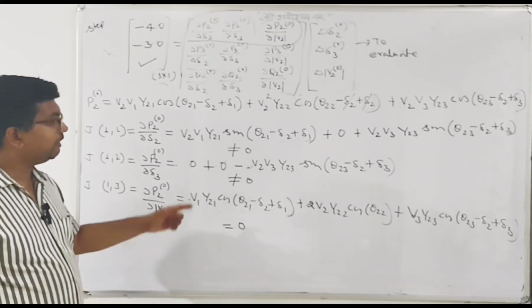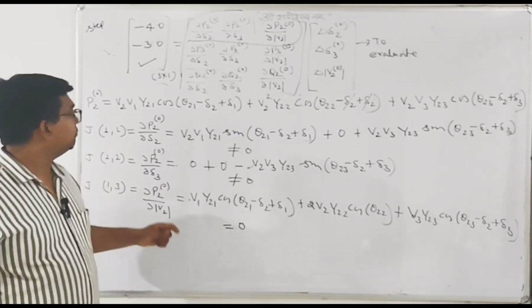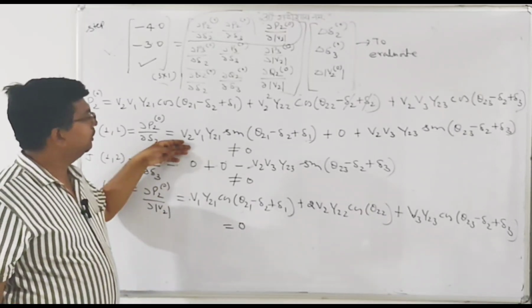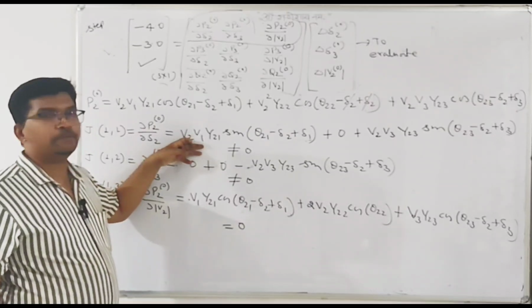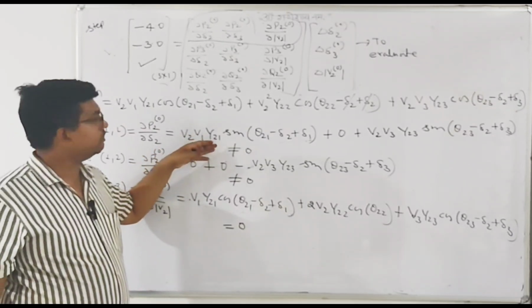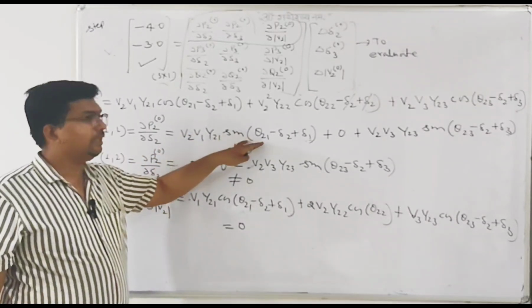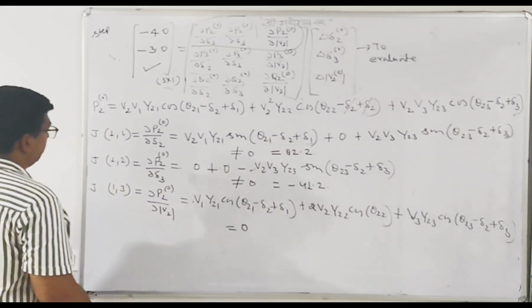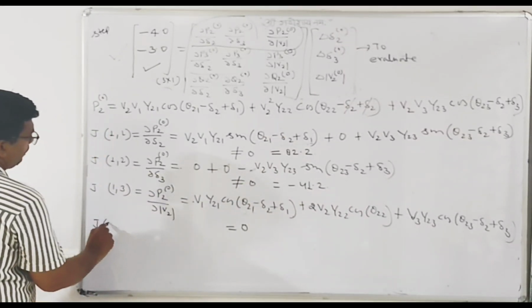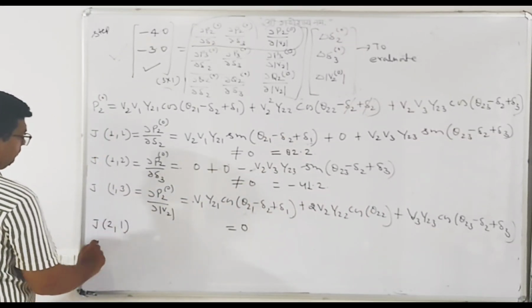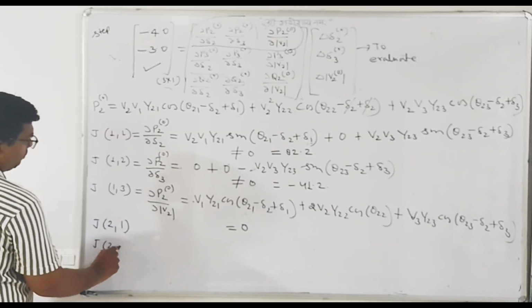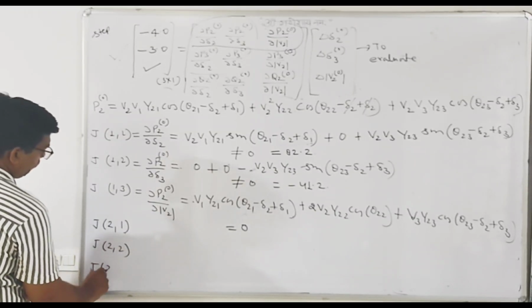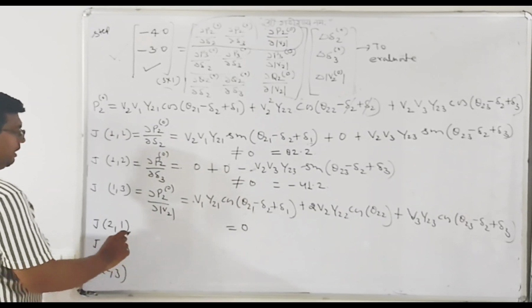Now what are these values? We have to put the value of V2 as 1, V1 as 1.025, Y21 from the Y bus matrix, the corresponding angle and initial angle. Similarly, we determine J21, J22, J23 in the same manner.